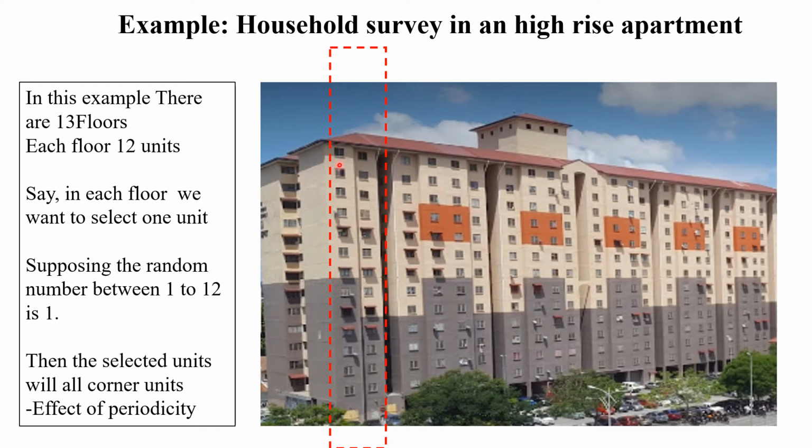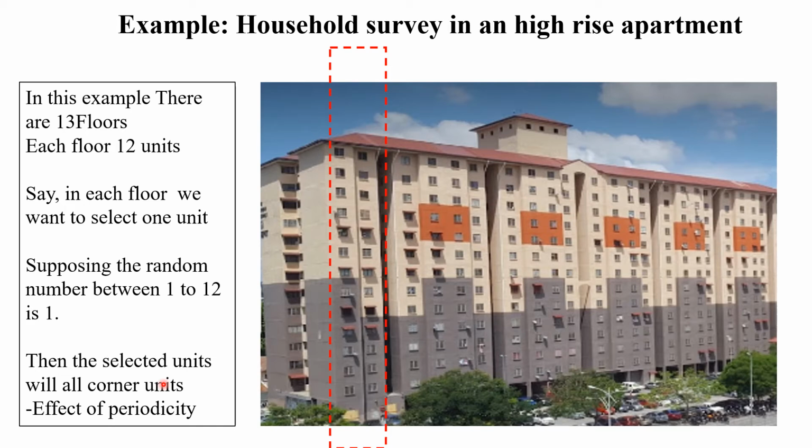So most likely, people who bought this unit must be able to pay more. Secondly, there's no unit after that, so the ambient space may be different from other units. But still, what if that unit is beside the lift, right? So the randomness is not totally random because the periodicity comes in. So this method also is not perfect, all right?